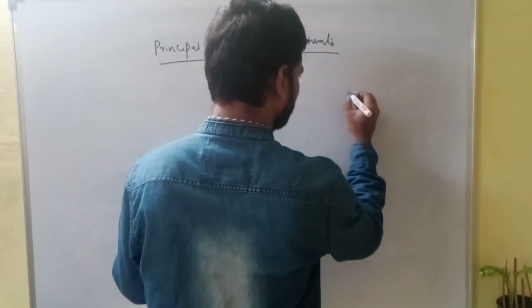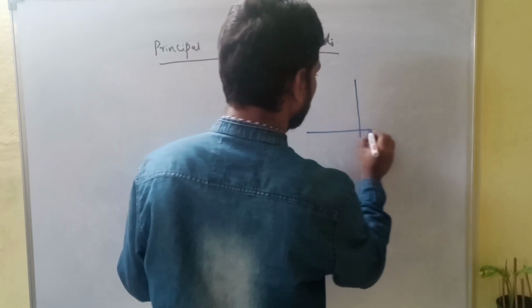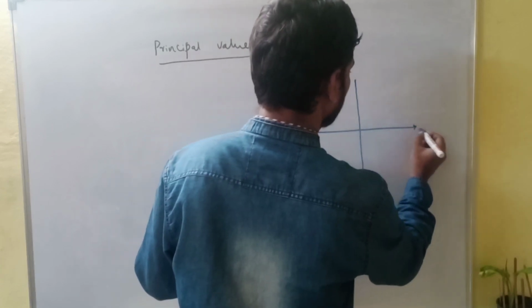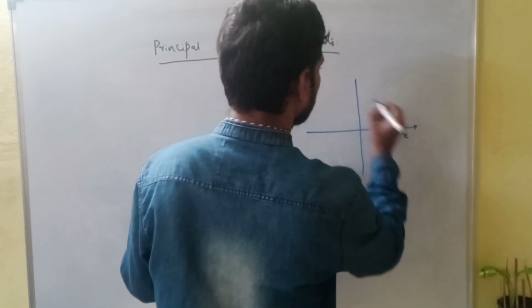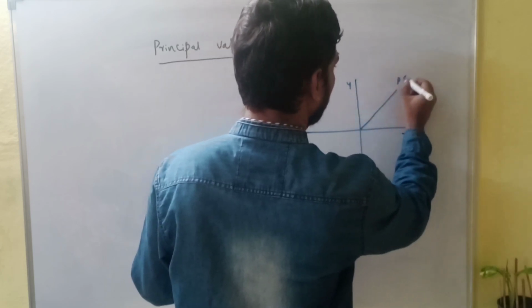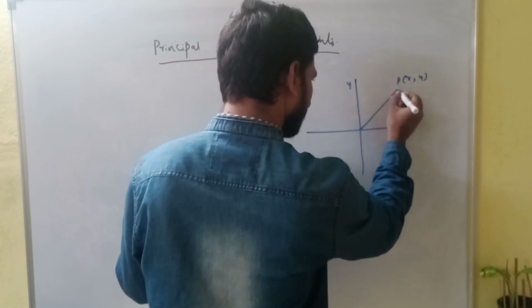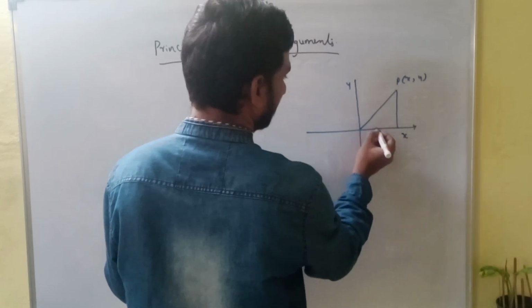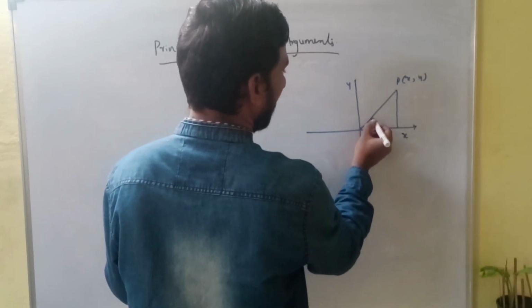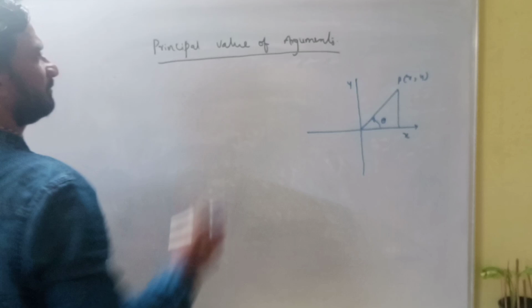For that, in the Gaussian plane, this is x and this is y. So I am taking this point x comma y here. If I measure this angle in the anti-clockwise direction, then this principal value will be positive.